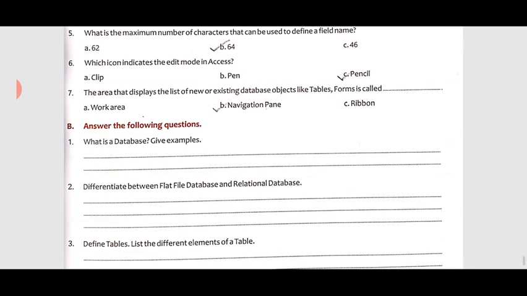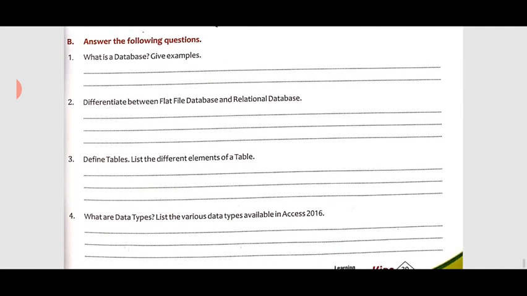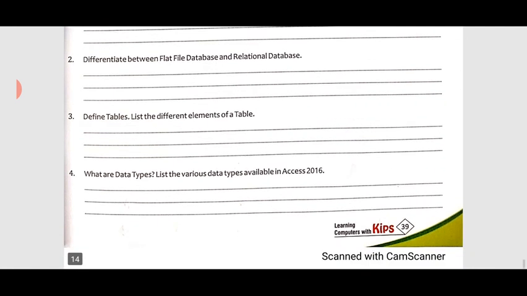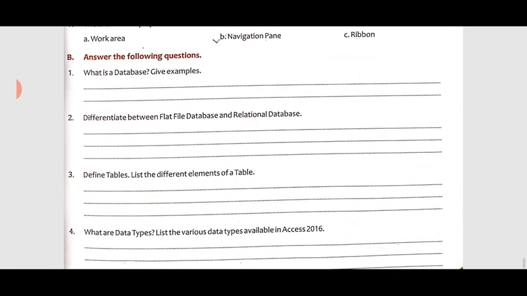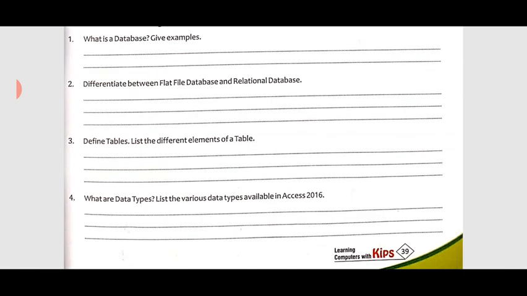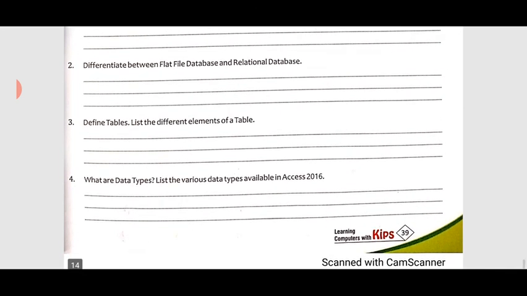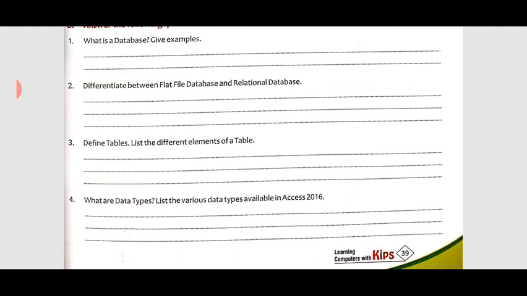And here is your mental ability, do it yourself. What is a database? Give examples. Number of questions and page number: a few questions are there, in page number 40 also. So all these questions you will solve, 1, 2, 3, 4, and on the backside also a few questions are given in page number 40. So that's all for today.